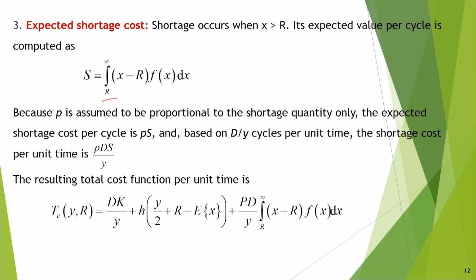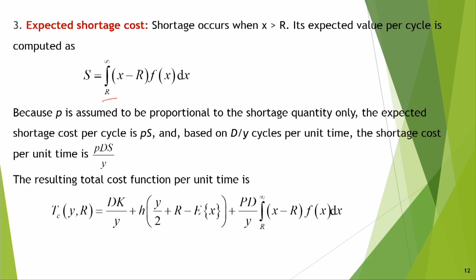During lead time you already have R quantity as a buffer. If the demand is less than R, there is no question of any shortage. So shortage will occur if X is more than R, which is why it goes from R to infinity.